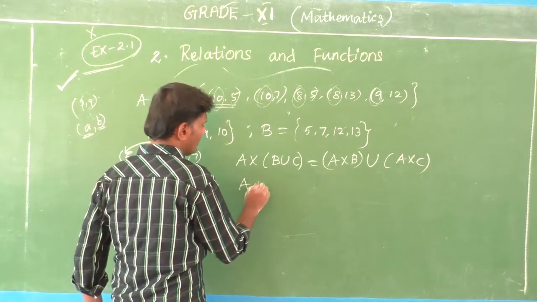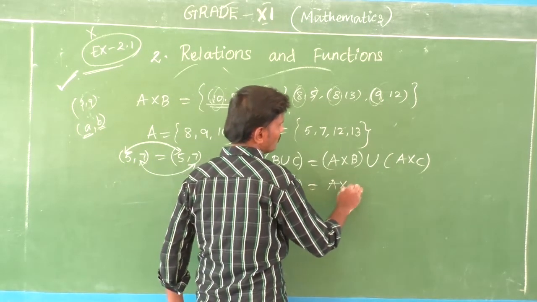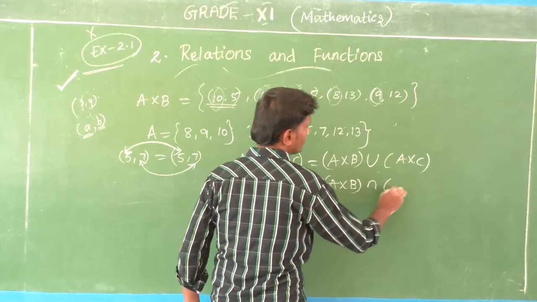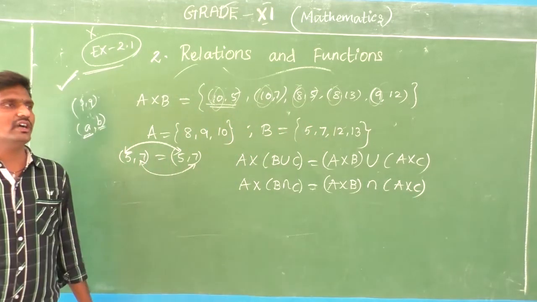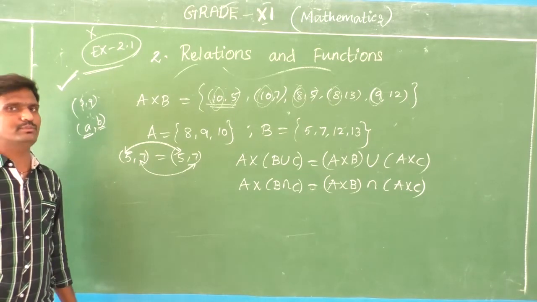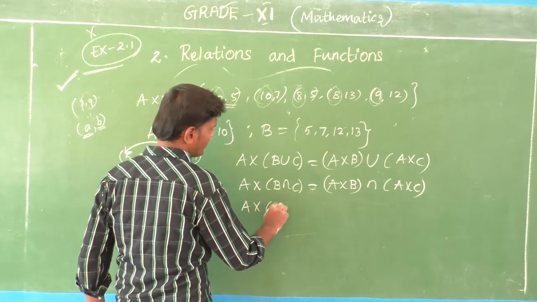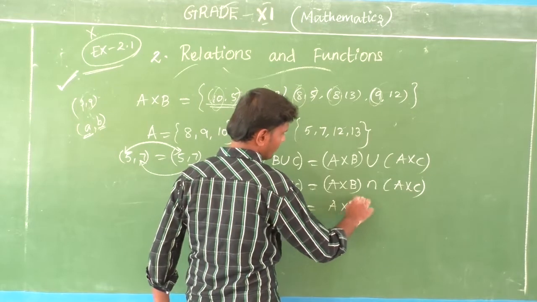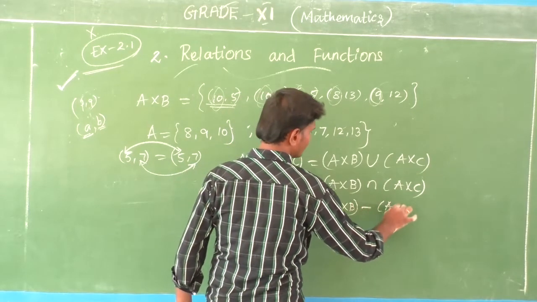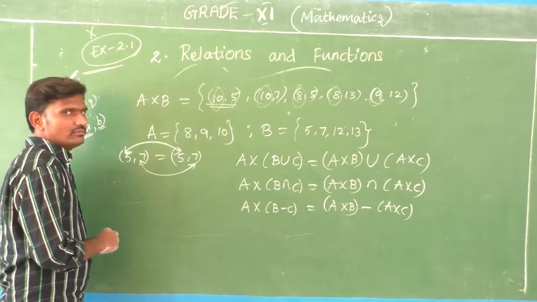A cross (B intersection C) is equal to (A cross B) intersection (A cross C). Based on difference it may also become A cross (B minus C) equal to (A cross B) minus (A cross C). Like that, whatever properties you need, take them. It's not a problem.